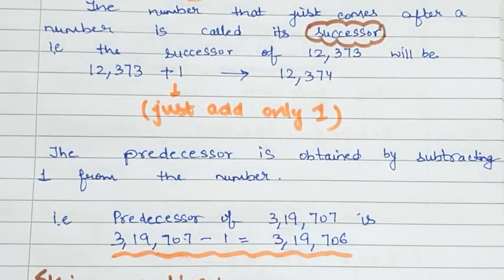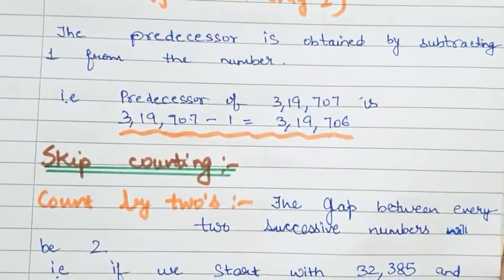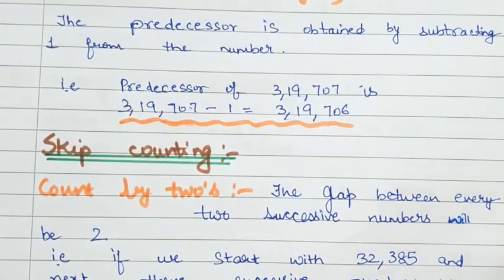So now let us start what is skip counting. First, how can we do the skip counting by 2? By 2 means we will take the gap between two successive numbers with 2.